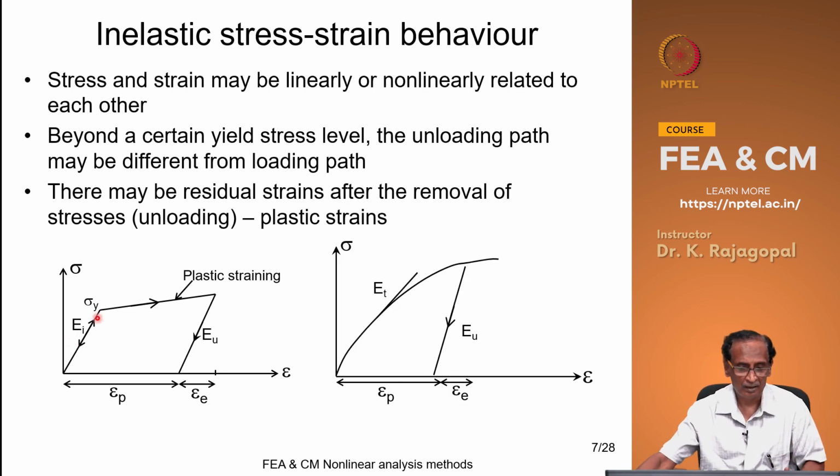Okay. And these lines may not be straight, they could be curvilinear, like nonlinear response like this, and so this could be your initial modulus, this could be your tangent modulus, and so on. And during unloading, we will have pure elastic strains, because we are causing only elastic strains during the unloading, and this slope is your Young's modulus.